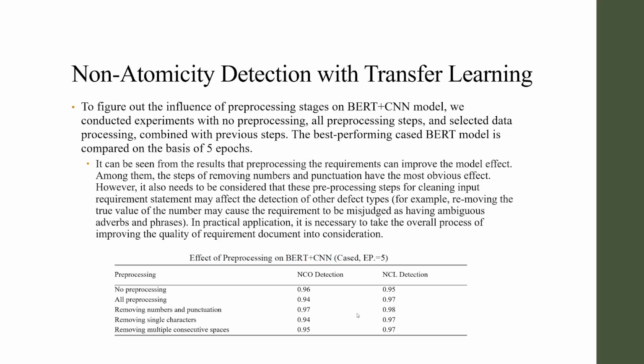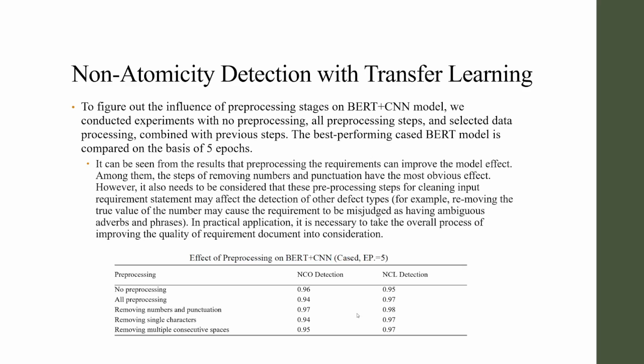To figure out the influence of pre-processing stages on BERT plus CNN models, we conducted experiments with no pre-processing or with pre-processing steps, and selected data processing combined with previous steps. It can be seen from the results that pre-processing the requirements can improve the model effect.